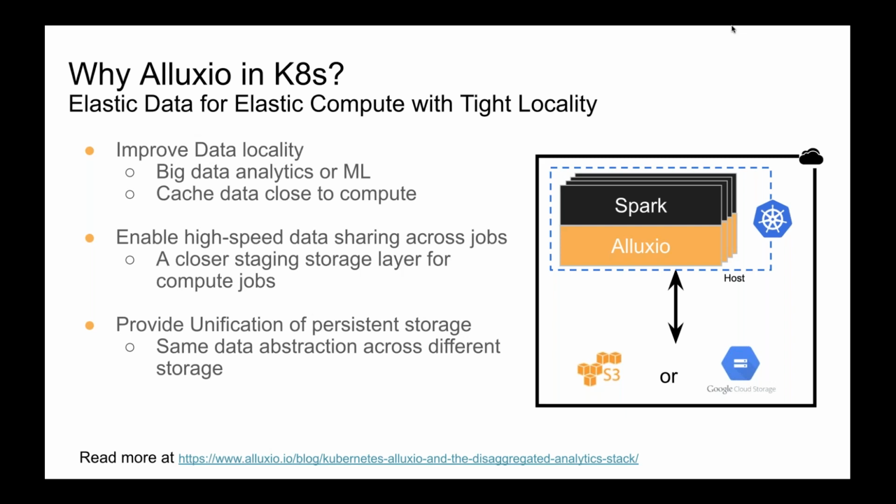So your applications can seamlessly access different physical data stores, but have the feeling they're just accessing the same logical file system. In this case, this can greatly simplify the maintenance and also the development for the application.